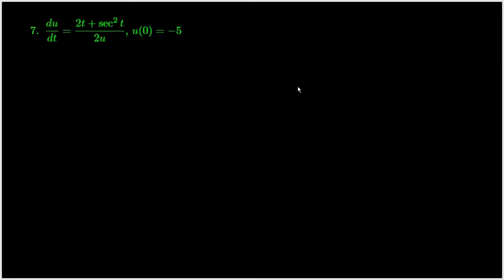Now for question number 7. The two variables in 7 are u and t, so the same thing, right? You just treat u as y, you just treat t as x. Now the solution to the question. Separate u and t first.